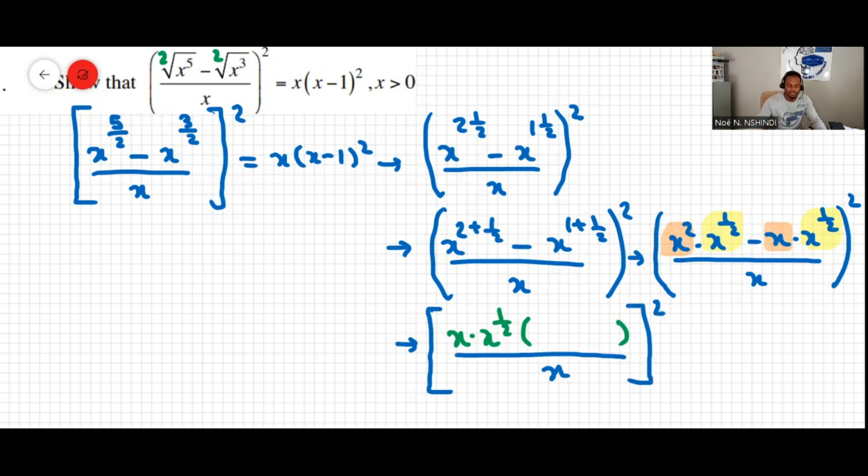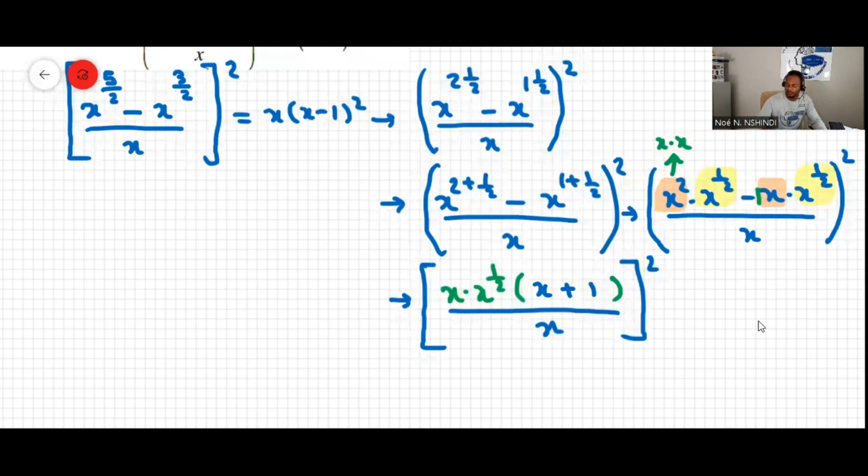What should be in the brackets is x plus 1. If we take x multiplied by x to the power of a half out, 1x will remain here, and then there is always an invisible 1 there. X squared is like x times x, and over here there's an invisible 1. If I take one x out of this and this out of that, there will remain 1x, and the invisible 1.